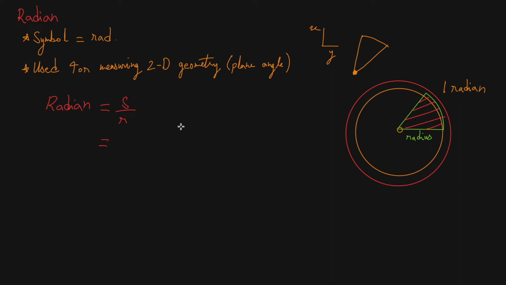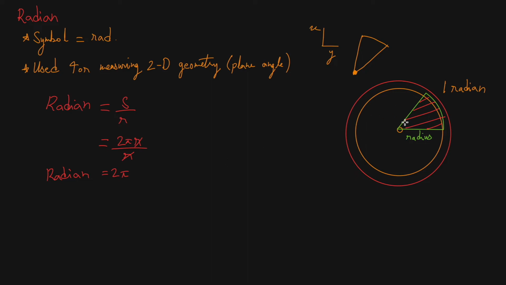We take the whole circumference of the circle, which will be 2 pi r, divided by r. So r will be cancelled out and there we have 2 pi. So 2 pi radians will be equal to a full circle.